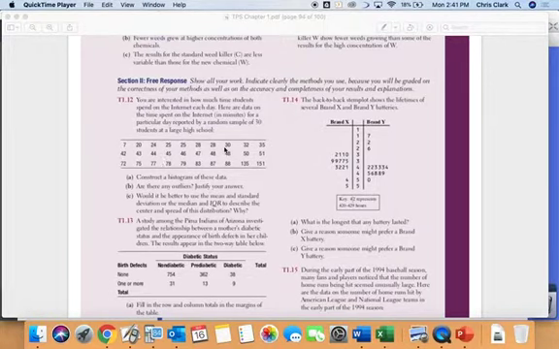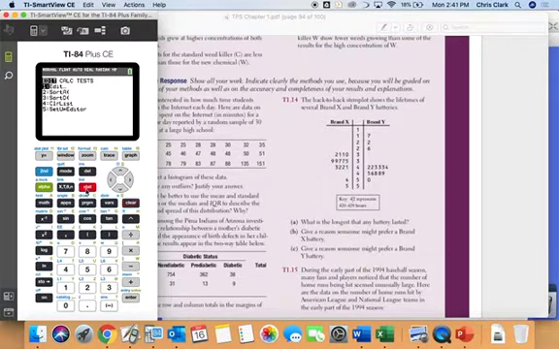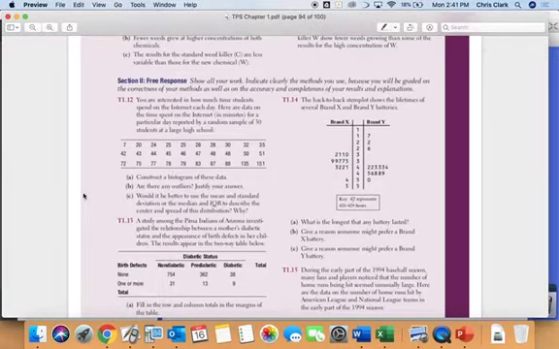Whenever it gives me data, the first thing I'm going to do is plug that data into my stat edit tool on my calculator, and then construct a histogram the way that we did in that last podcast. So that would be pretty simple, right? Easy points right there. You're going to have to construct a histogram on this test.